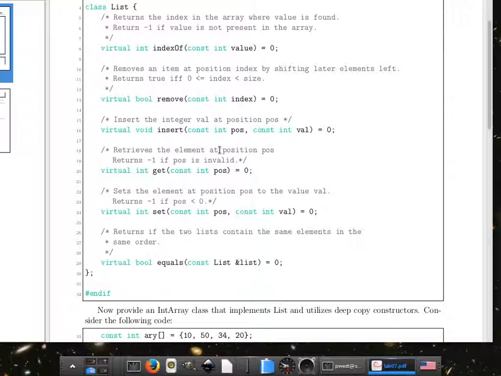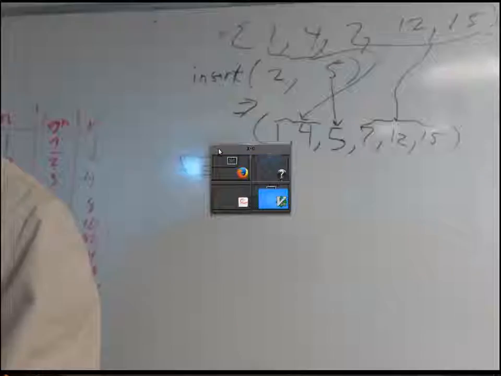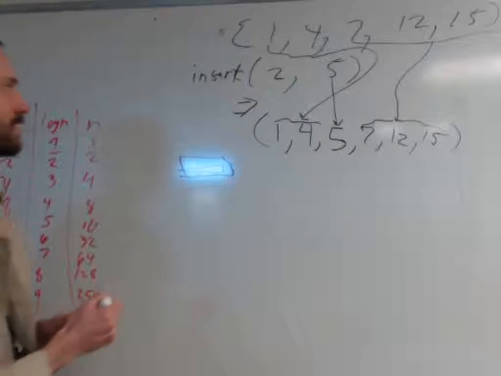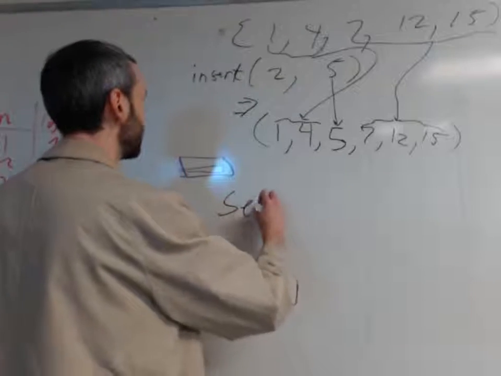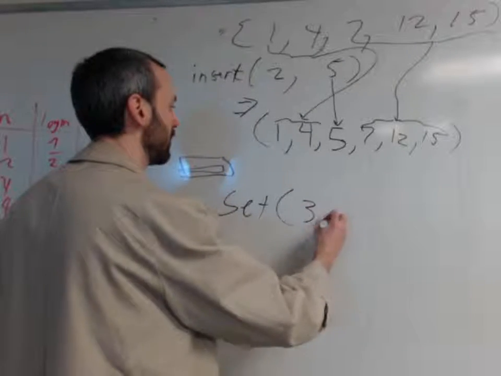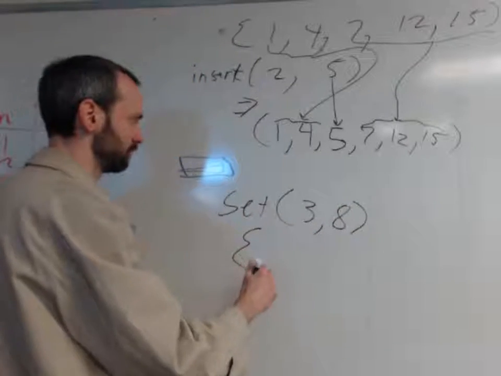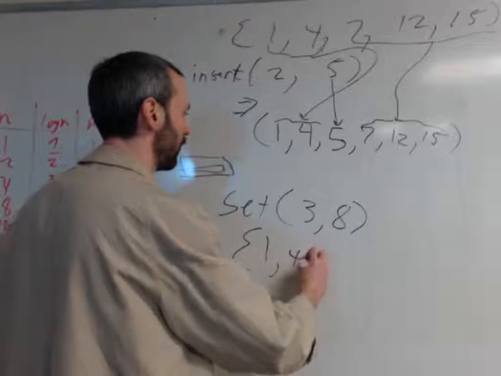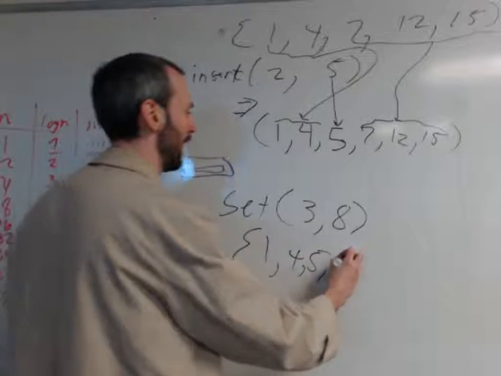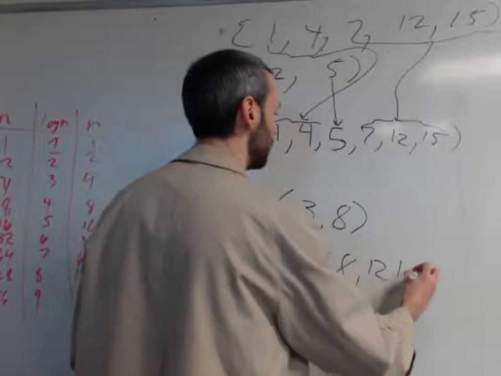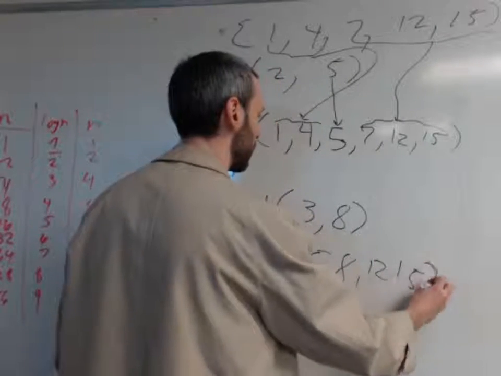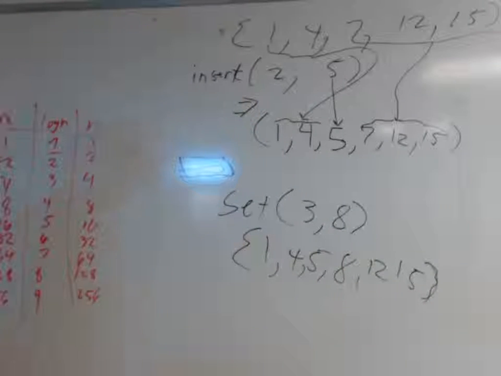So if we now do set 3, 8, now we would have 1, 4, 5, 8, 12, 15. It replaces it. That's easier than insert.